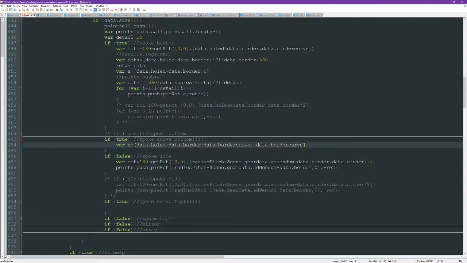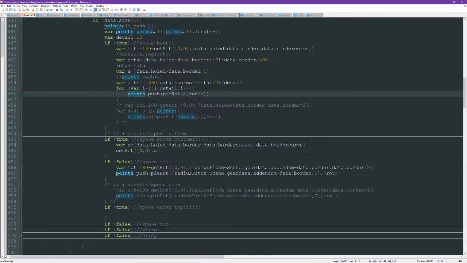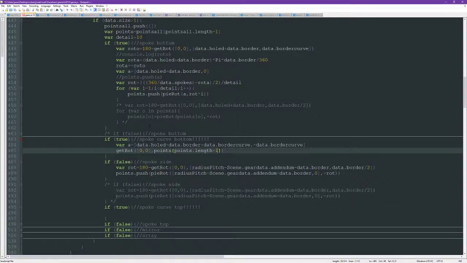Then we want to get the rotation from that to A. No. To the last point that we did with points. So the previous A, which it would not be. Points length minus 1, we're not inverting or anything, so that should just be the last point.